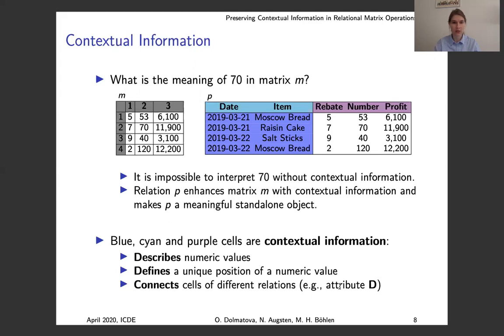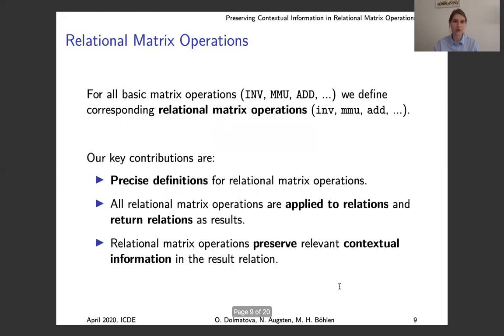So we extend relational algebra with the relational matrix operations. For all basic matrix operations such as inversion, matrix multiplication, element-wise operations, decompositions, we define corresponding relational matrix operations. They are denoted with small letters. The key properties of our solution are the following.